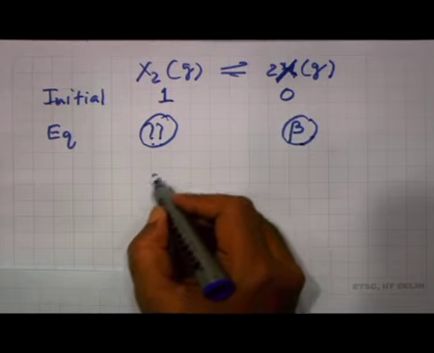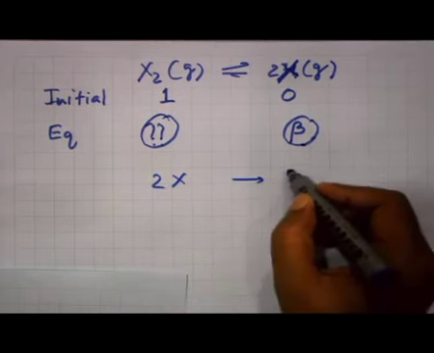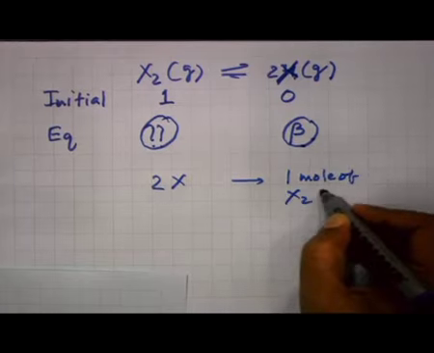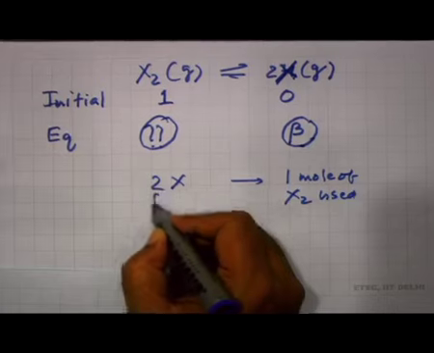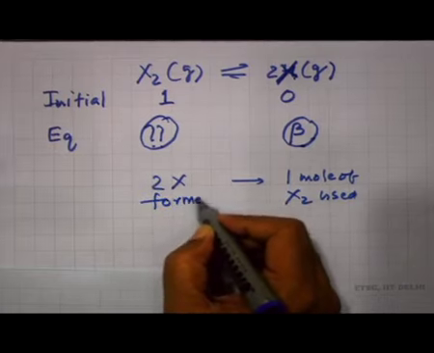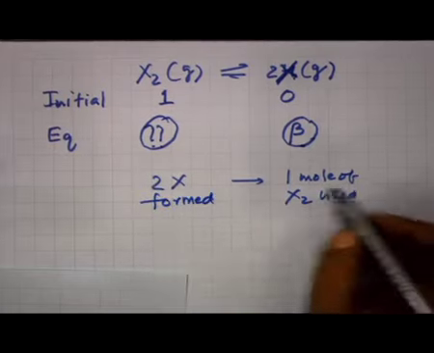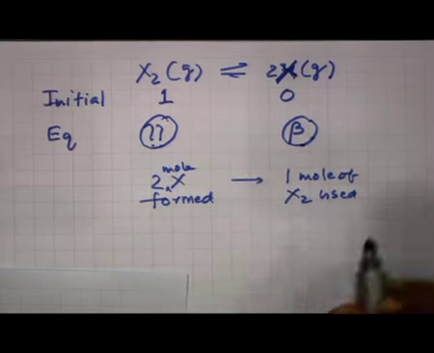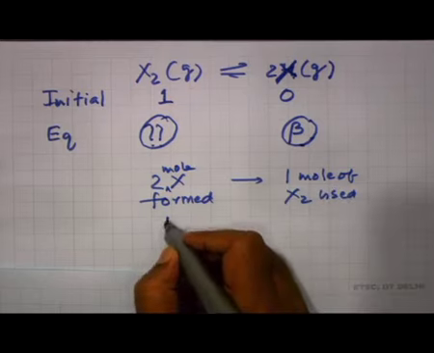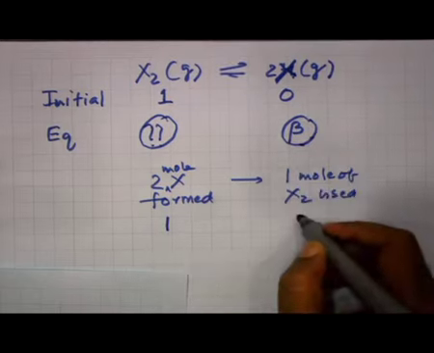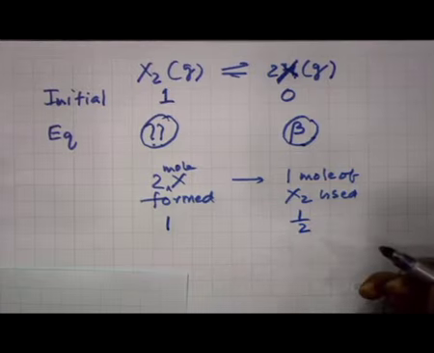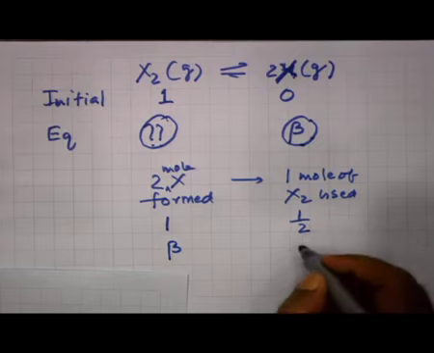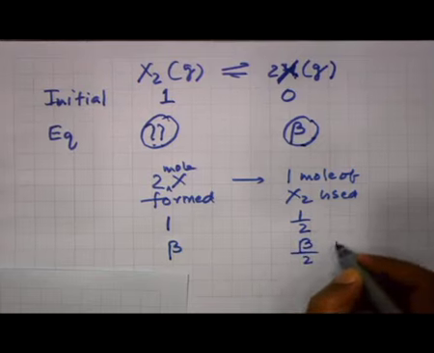I told you 2 moles of X formed means 1 mole of X2 is used, am I right? So, if 1 mole of X is formed, in that case half a mole of X2 will be used, and beta moles of X formed means beta by 2 moles of X2 will be used.